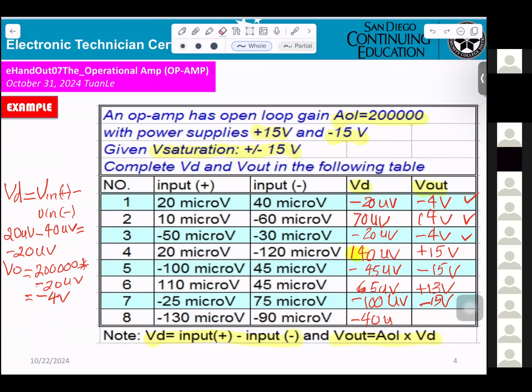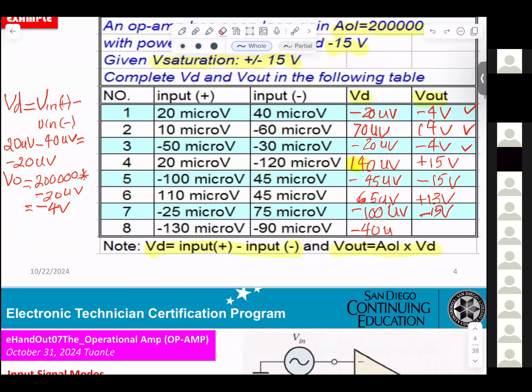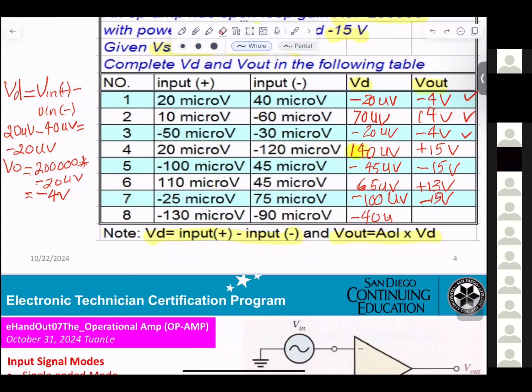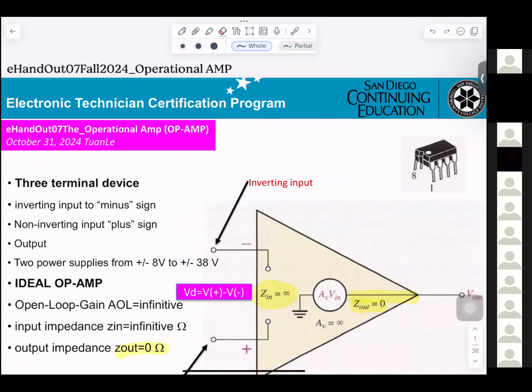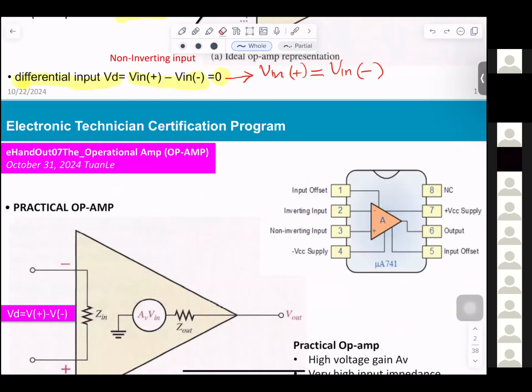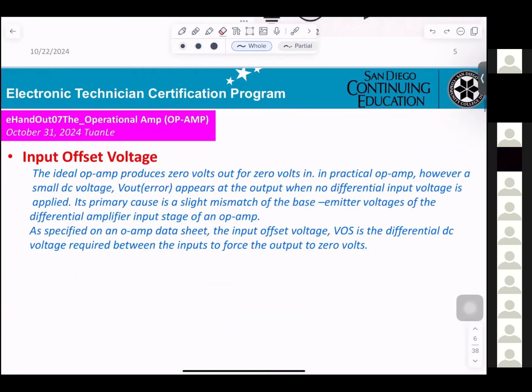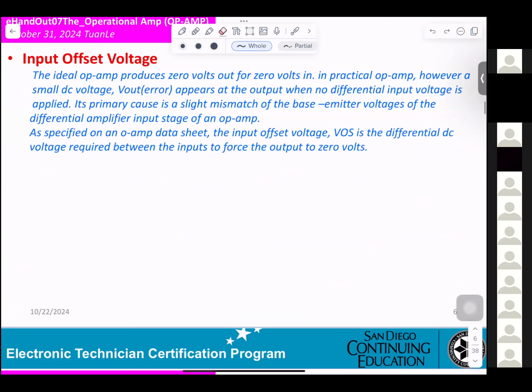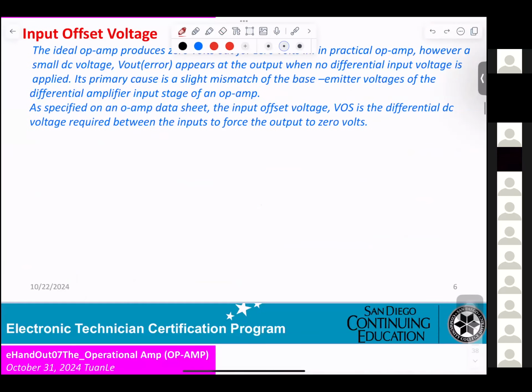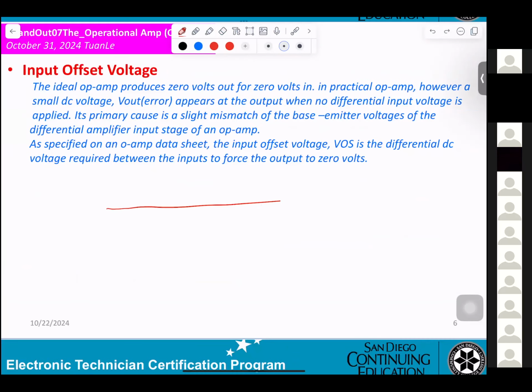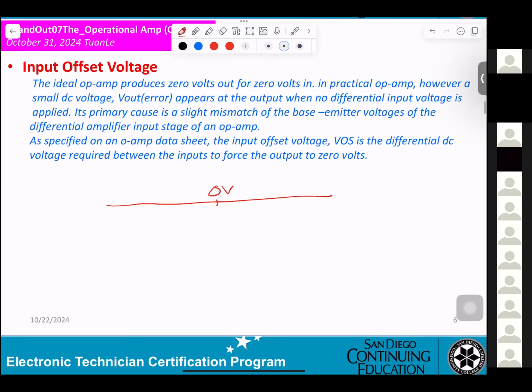Let's see. Okay, we can use that back here. Okay, this will be Vout.